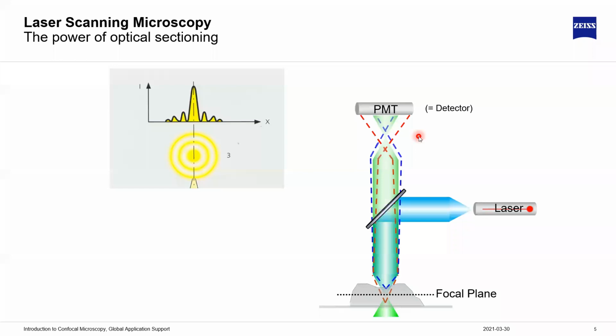Now, in a normal wide field microscope, you will collect the signal coming from the focus of the sample, but you will also collect signal coming from up or down, or below or above your focal plane.